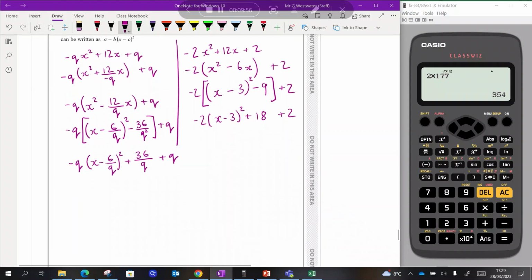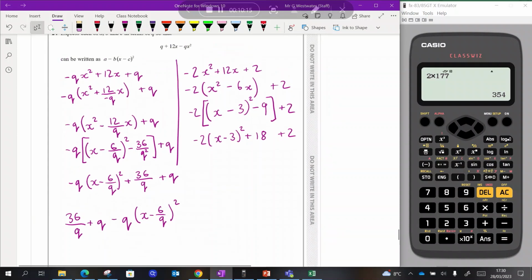If I rewrite this, we have 36 over q plus q, minus q brackets x minus 6 over q, squared. So b is just q. c is going to be 6 over q. And a is actually this whole expression.